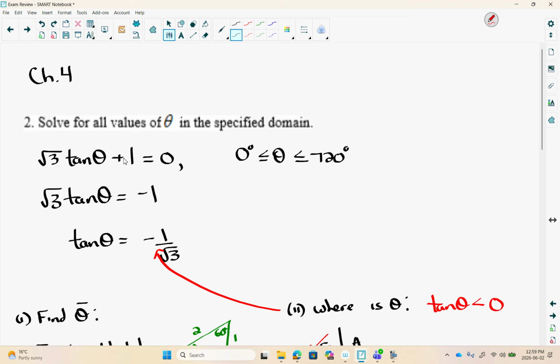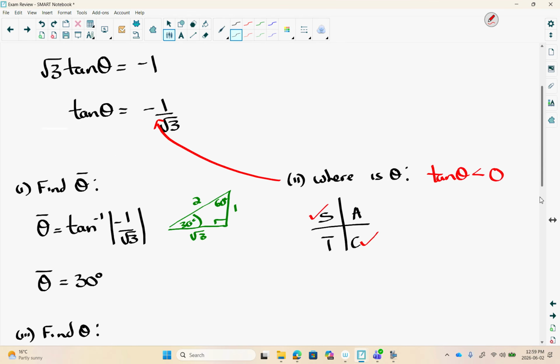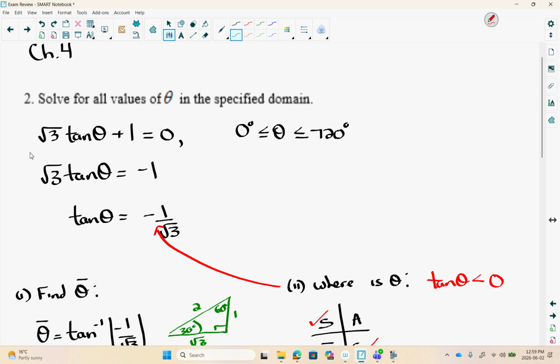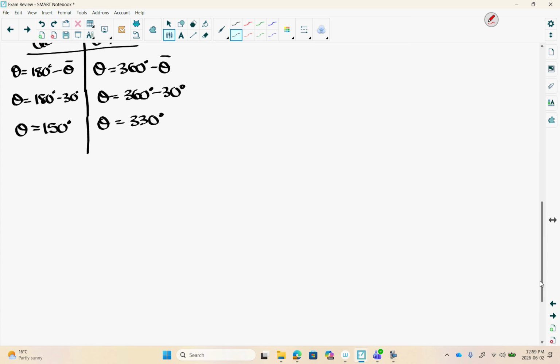If it's a solution, what should my calculator say? 0. Boom. Good. I could try 330 as well. Fill a 330 in for theta into the original and try and prove the left side equals the right side. The tangent of 330 times the square root of 3 plus 1 also equals 0.